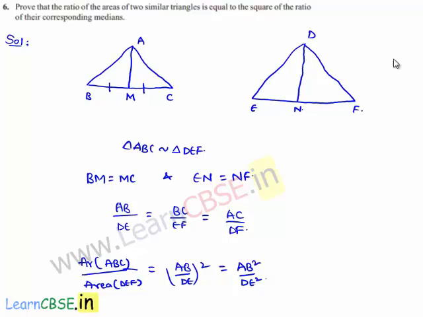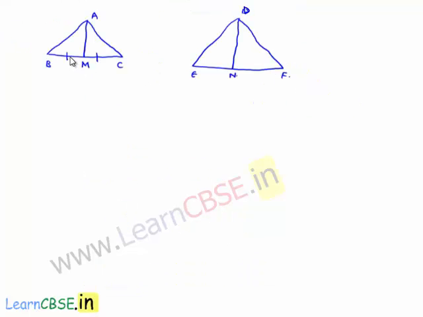Now if we consider the two triangles, that is triangle ABM and triangle DEN, from first triangle similarity, that is ABC is similar to DEF, we get AB by DE is equal to BC by EF.